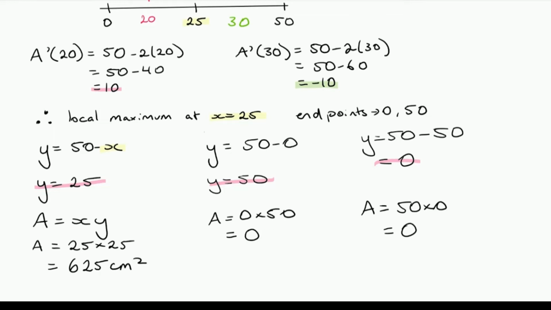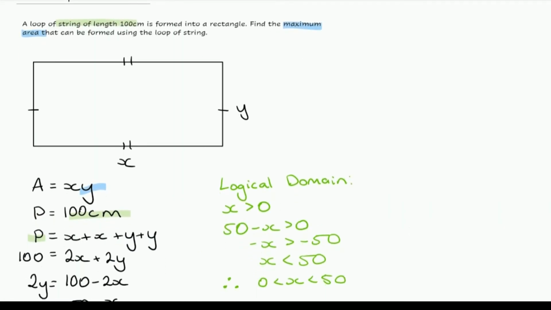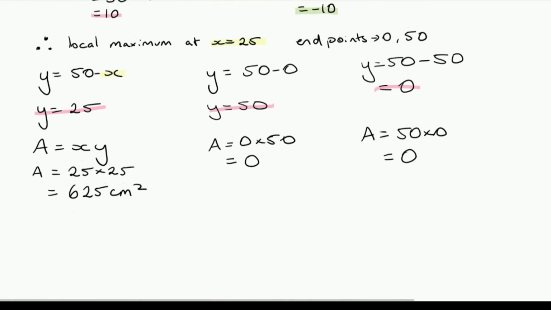So now that we know what my solution is, we need to look at the original question and make sure that we answer it. So it says, find the maximum area that could be formed using the loop of string. So I have found that, and my solution is right here.